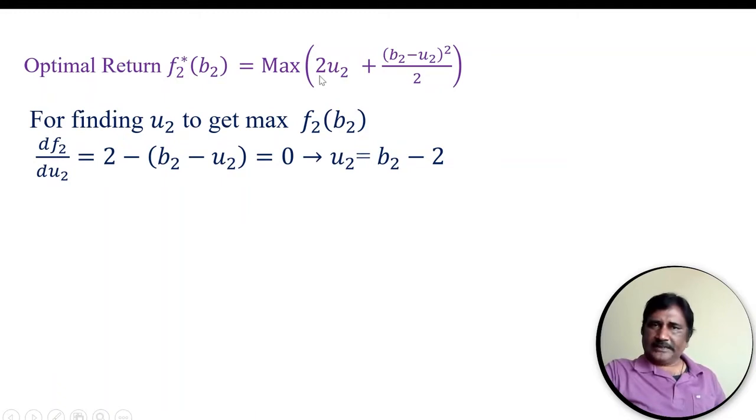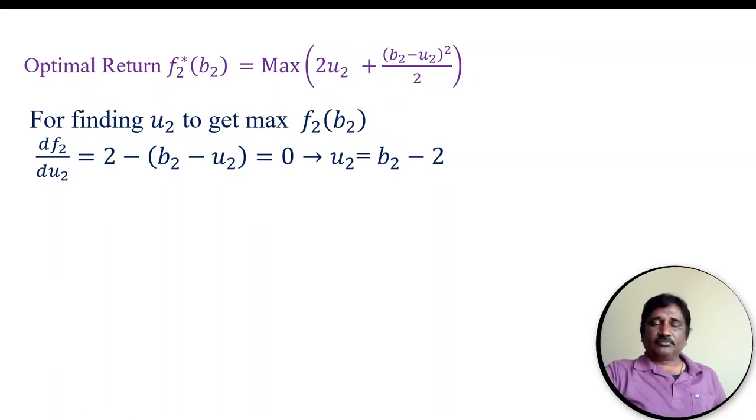So here this differentiates to 2, and this term differentiates to 2 into (b2 minus u2) by 2, into the differentiation of (b2 minus u2), that will be minus 1, and therefore it comes 2 minus (b2 minus u2). I will be equating this to 0 to get the value of u2 for which f2 will be maximum. So what do I get? I get u2 is equal to b2 minus 2.